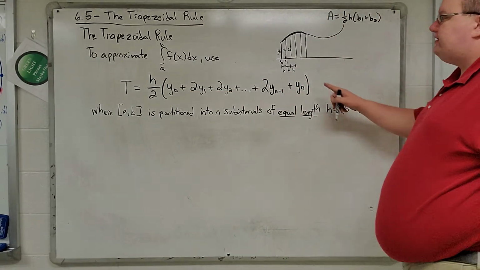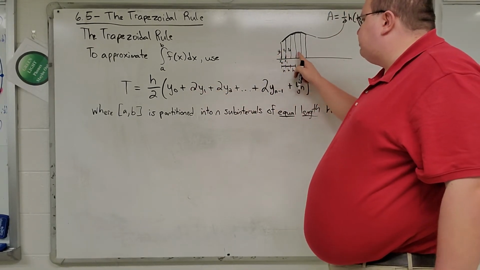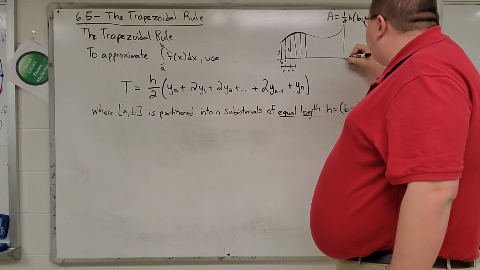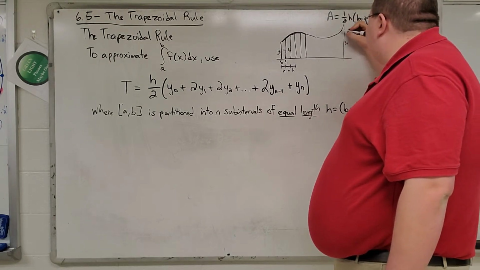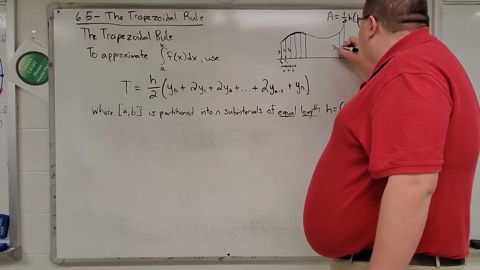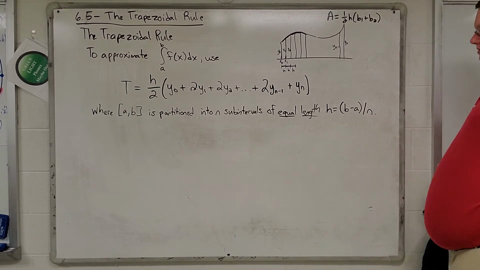So that's why I'm using 2 times y sub 1 there, because of all the ones in between, all the way down to the very last one. The very last one will be y sub n, and the one right before that will be y sub n minus 1, the one right before n.